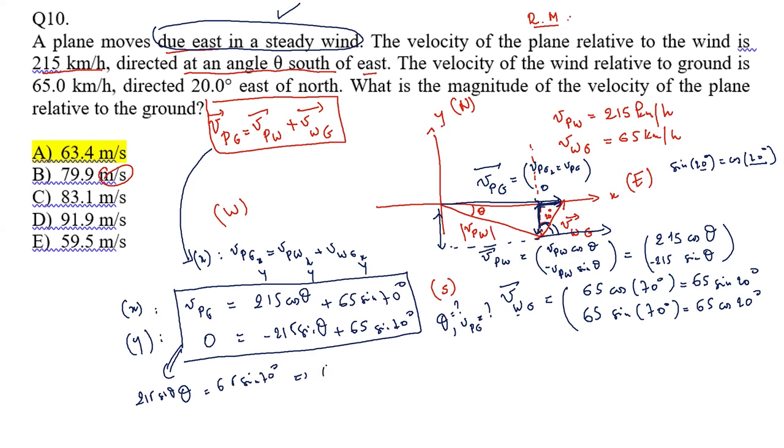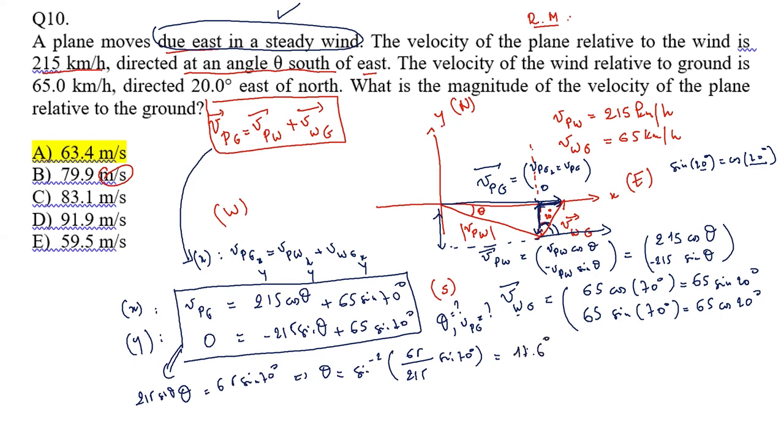That means that theta will be sine inverse of 65 divided by 215 multiplied by sine 70. You do the calculation, you will have an angle theta of 17.6.